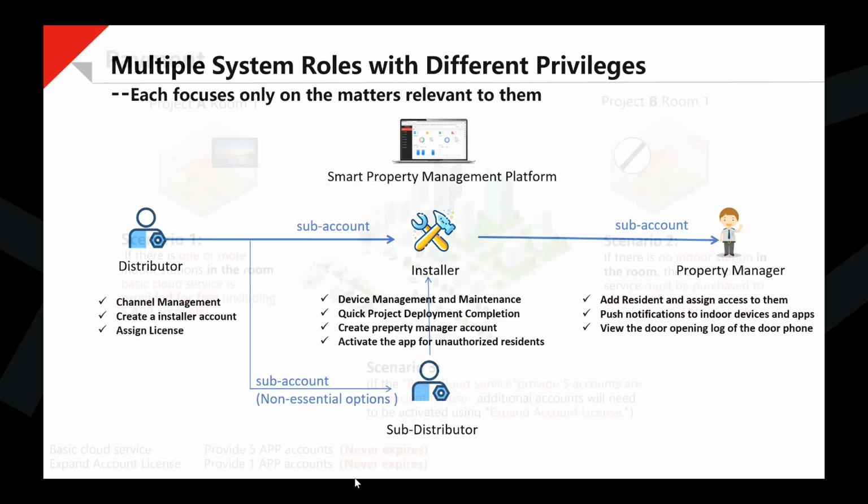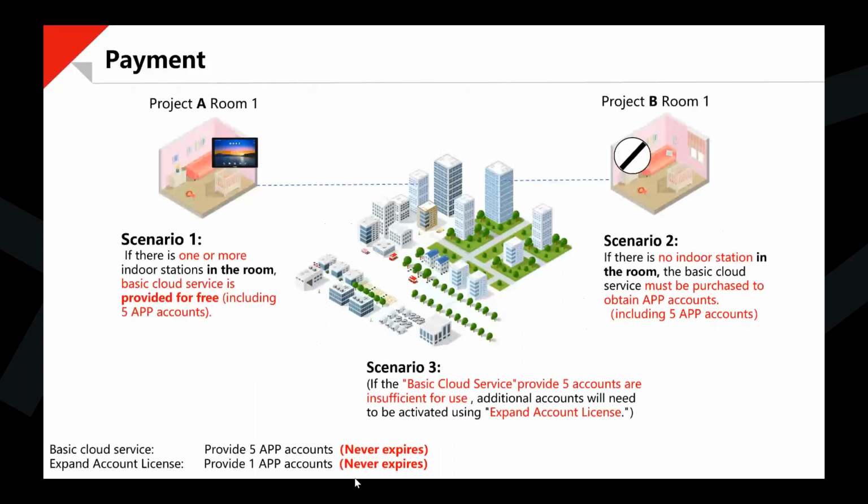Okay, regarding the license, we offer different license policies depending on whether a room has an indoor station or not. Rooms or projects with indoor units receive a basic cloud service license, which includes 5 app accounts free of charge. Rooms or projects without an indoor station are required to purchase the basic cloud license package to obtain the app accounts.